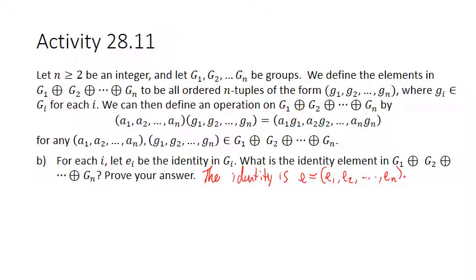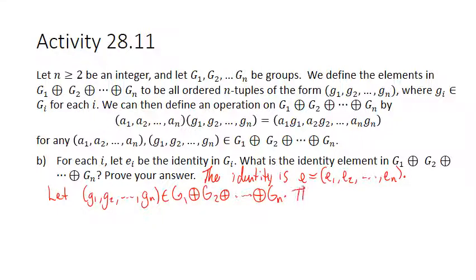Okay, and then to prove that, let's just call (g1, g2, up through gn) an element of this external direct product. Okay, then what happens if we multiply e times that? Then we get the following.